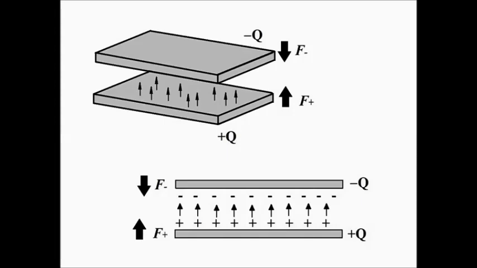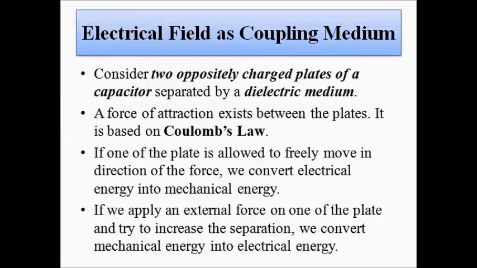So we have used both the principles. Okay, in first case, one of the plates is allowed freely to move under the influence of the force of attraction or repulsion. As a result of that, we converted electrical energy into mechanical energy.